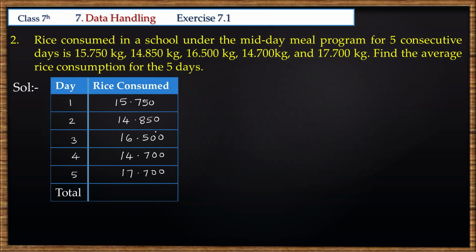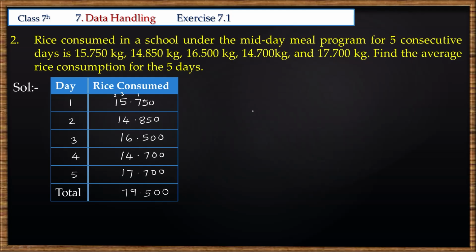Do the total. 0, 5, 5, 0, 1 carry, 8, 8, 16, 16, 5, 21, 28, plus 7, 35, 3 carry, 8, 12, 18, 22, 29, 2 carry, 3, 4, 5, 6, 7. The total is 79.500 kgs.